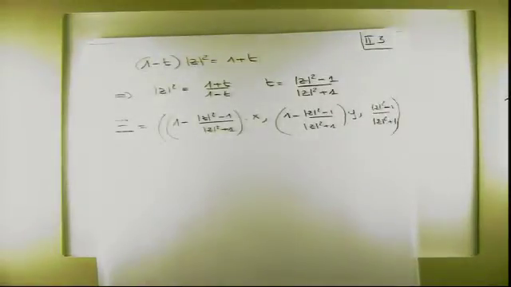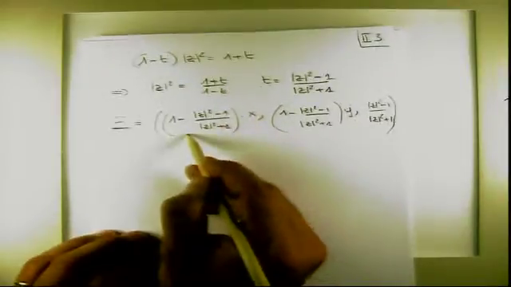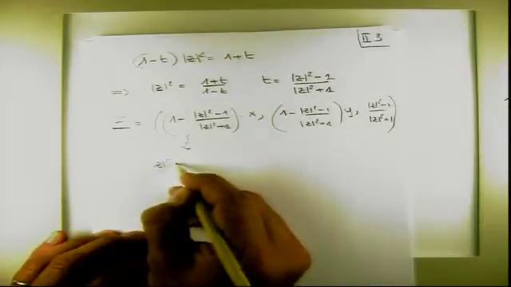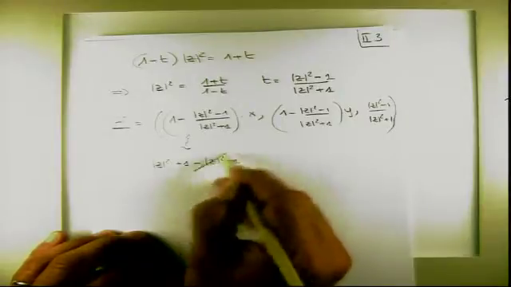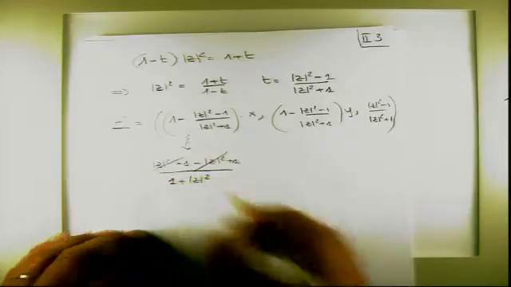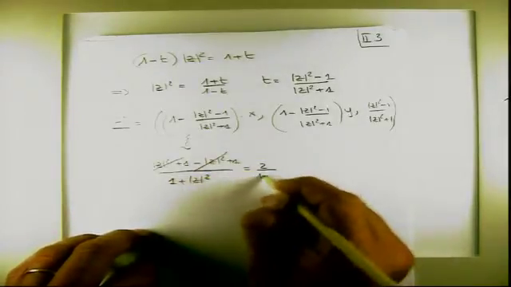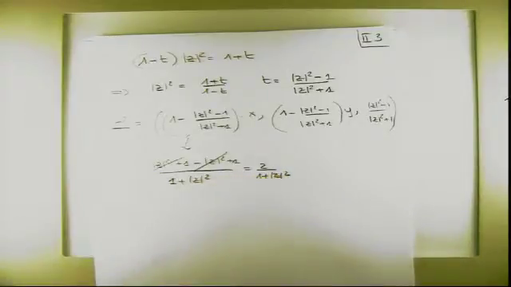Okay? So if I simplify this expression here, this is modulus of z squared plus 1 minus modulus of z squared plus 1 over 1 plus modulus of z squared. So it is twice, 2 over 1 plus modulus of z squared.